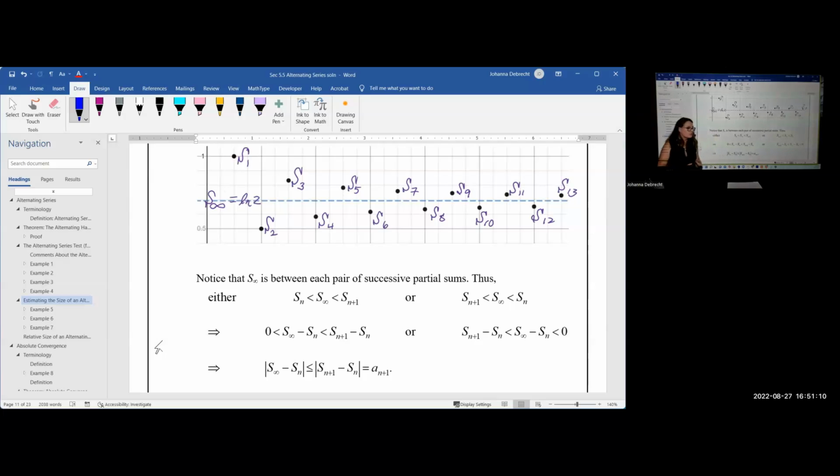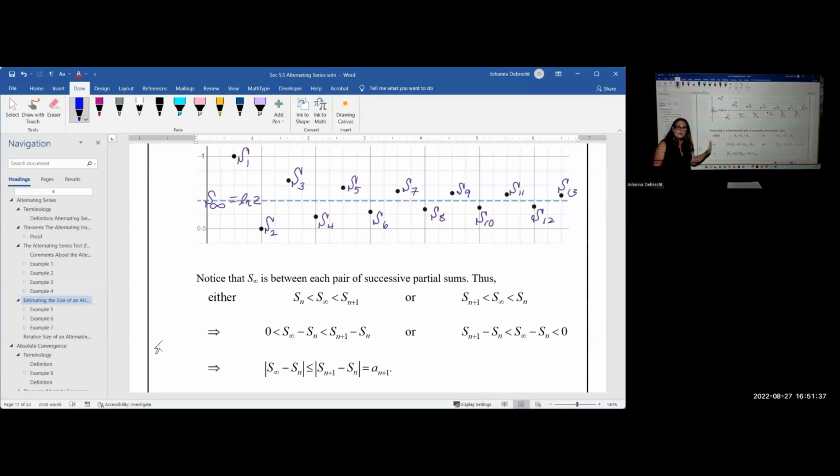So it's in between the two, all right? If we then take this expression and subtract S sub n from all three parts, we get 0 less than S infinity minus S sub n. We know what that is, right? That's R sub n, which has to be less than Sn plus 1 minus S sub n. Or if it were in the other order, we get something similar.